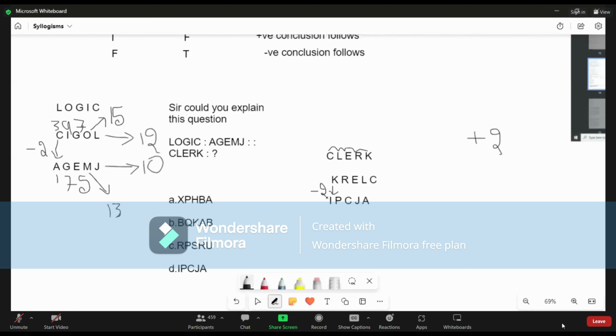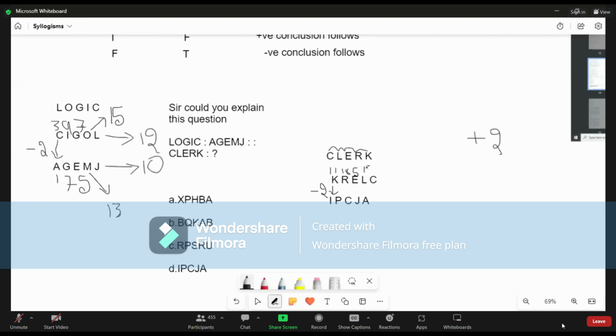So what is K? K is 11. Next, R is 18. E is 5. L is 12. C is 3.